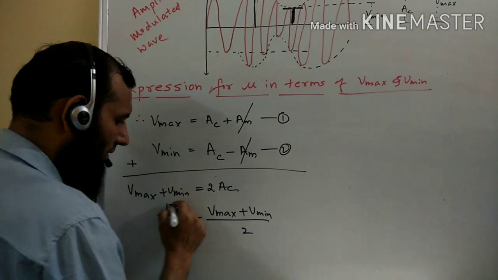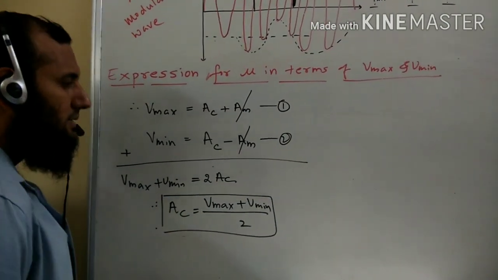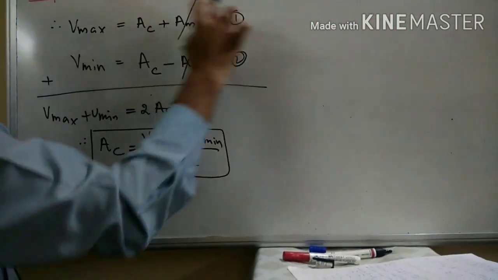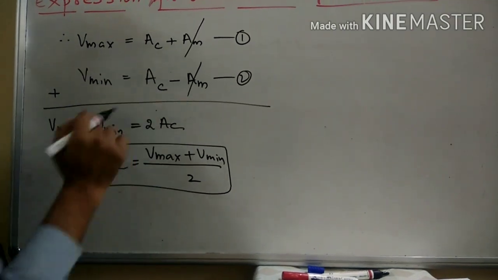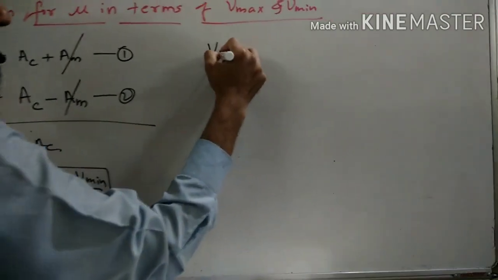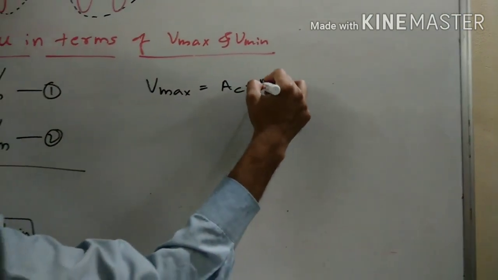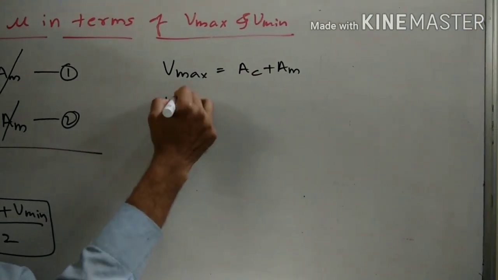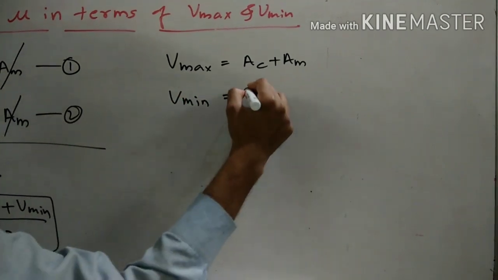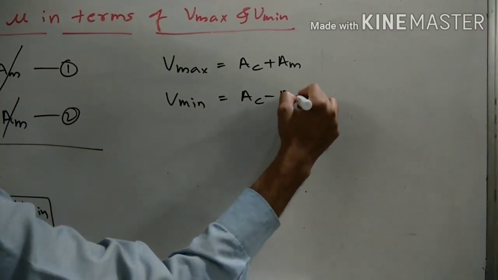Now similarly, let us take these two relations and subtract them. We have V maximum is equal to AC plus AM and V minimum is equal to AC minus AM.